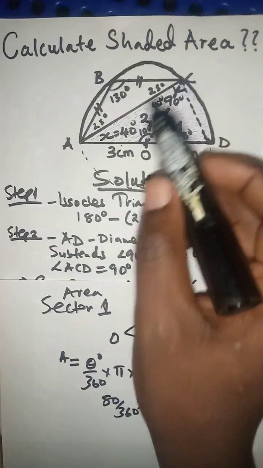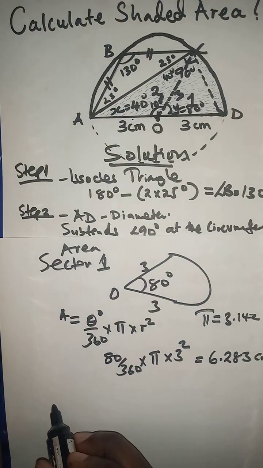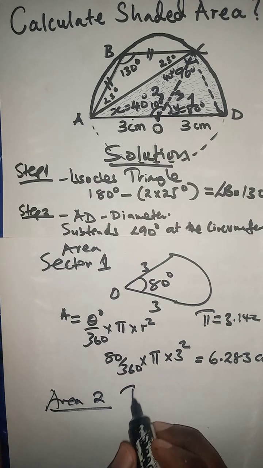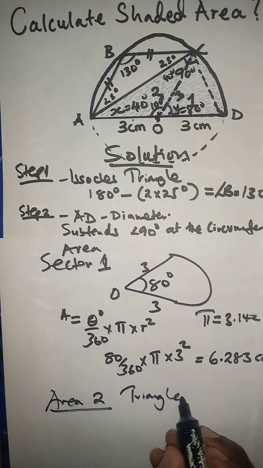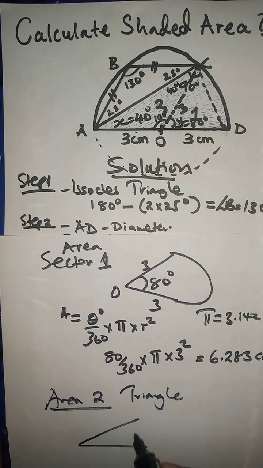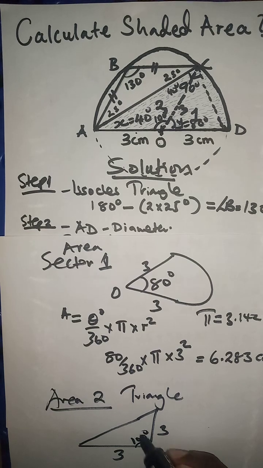The second part forms a triangle. When I pull it out, I'm going to get a triangle looking like this. So that is 3, 3, and the included angle is 100 degrees.